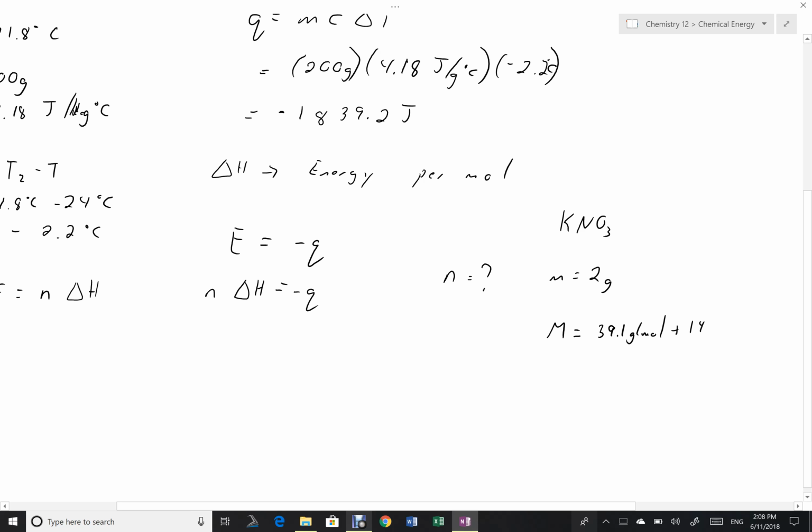Nitrogen is 14 grams per mole. And oxygen is 16 grams per mole. So the molar mass here is 101.1 grams per mole.